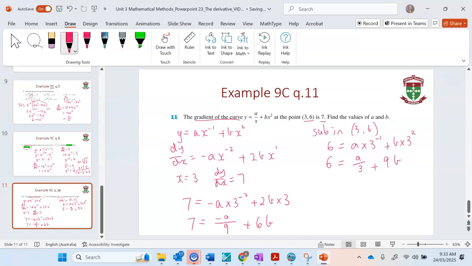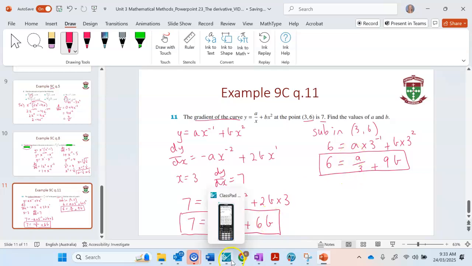To make sure we save some time, I would rearrange this to get a on its own, and then, because they're just simultaneous equations, here's one equation, here's the other one. So you can solve them as simultaneous equations. They're a bit of a pain probably to do, but just get this as a equals, or you could get it as b equals, and then just substitute it into the other equation.